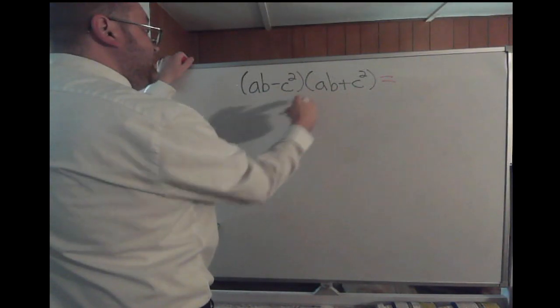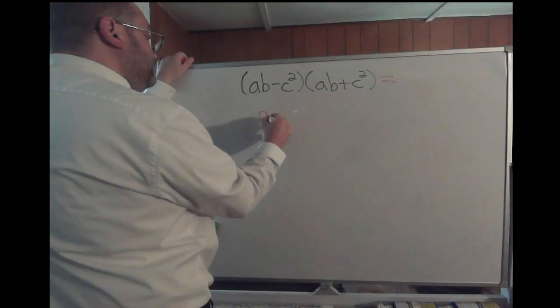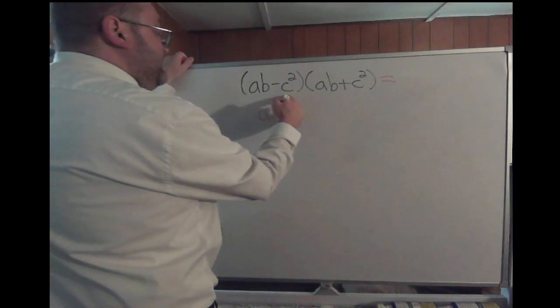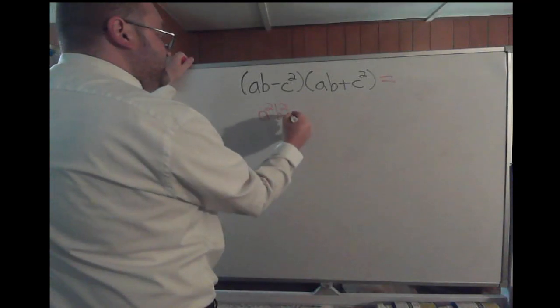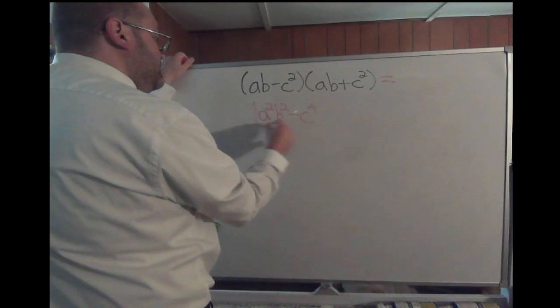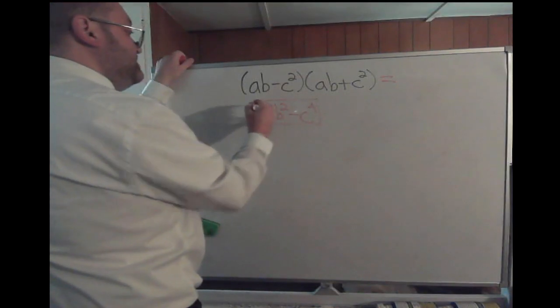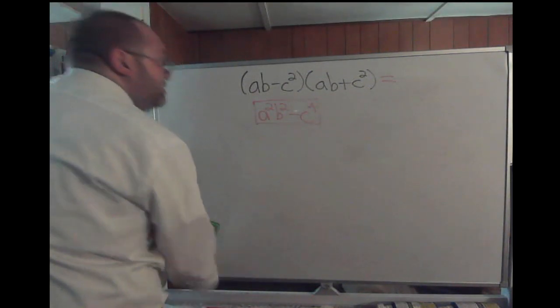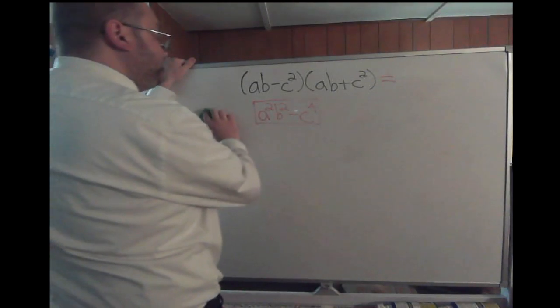So AB times AB, that'd be A to the second, B to the second. Then negative C squared times positive C squared, that'd be negative C to the fourth. So what you should get for this is A squared B squared minus C to the fourth. One more example, then we're done.